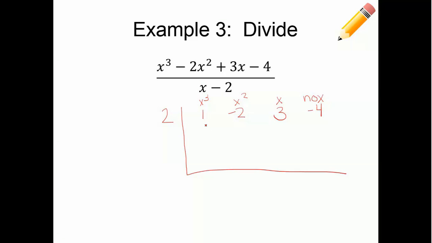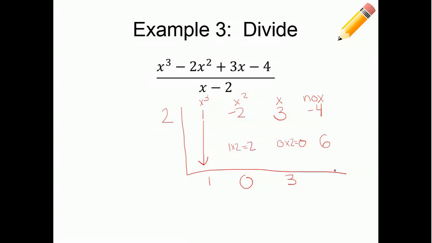Now, let's follow our pattern again. Drop the 1. 1 times 2, 2. Negative 2 plus 2 is 0. 0 times 2, 0. 3 plus 0 is 3. 3 times 2, excuse me, is 6.